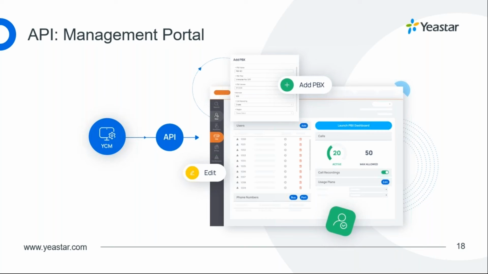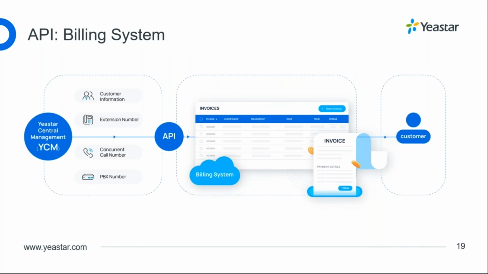You can also integrate it with your billing system, so you don't have to worry about how to calculate the billing. Once I set up the integration with my billing system, it will automatically help me manage all those services. It can also help me get the billing report for a particular customer.